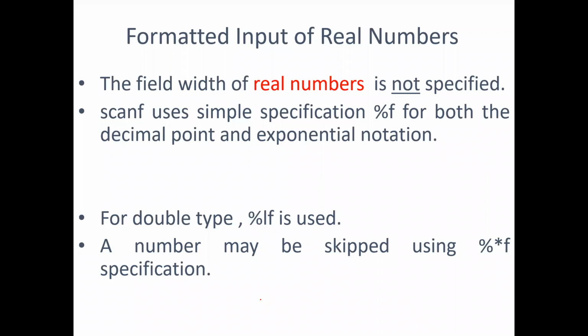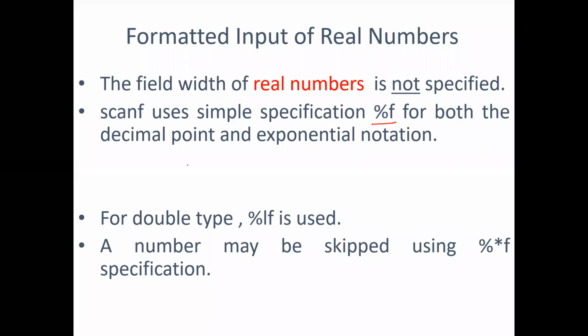Now, in case you are using real numbers or float, the field width need not be specified for scanf. Are you listening? In printf, we will be giving it for real numbers, but in scanf, we will not give any field width for accepting real numbers. Scanf uses a simple specification like %f for both the decimal point and exponential.